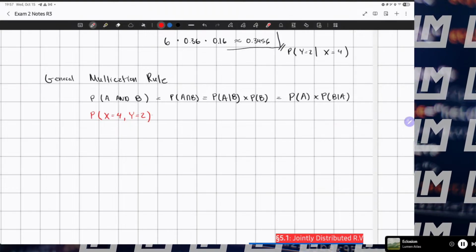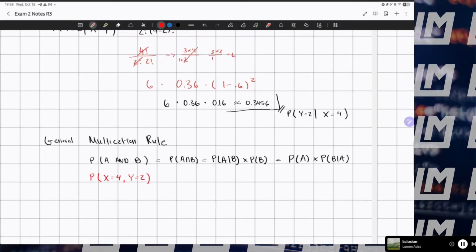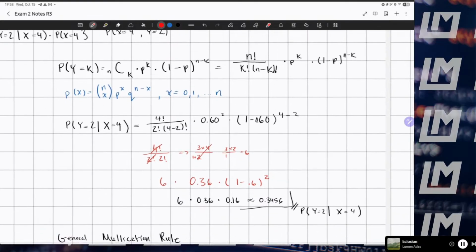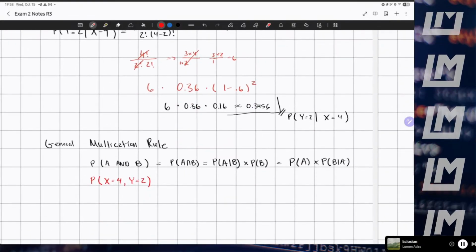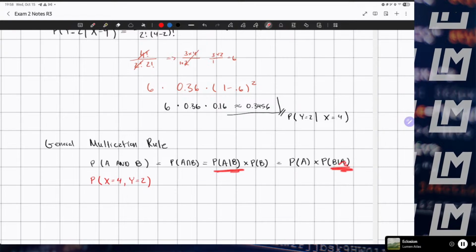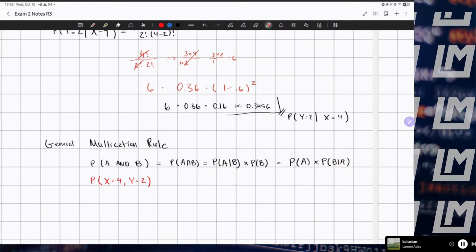The general multiplication rule is just the other side of it. See, they switch sides: B given A and then A given B.